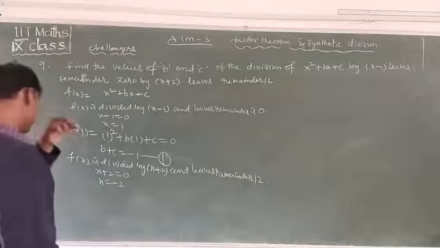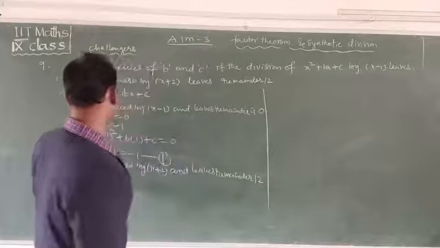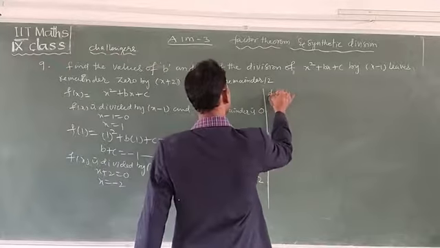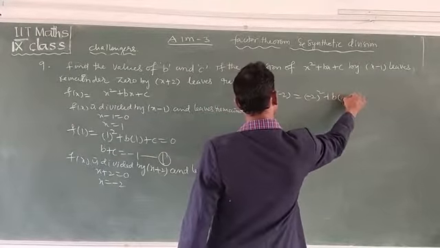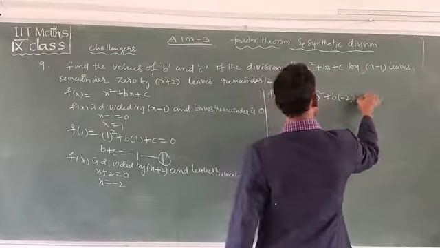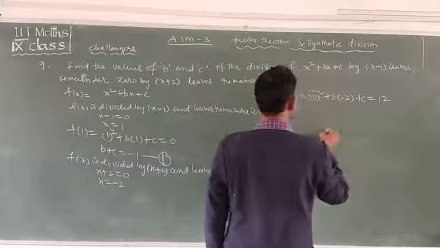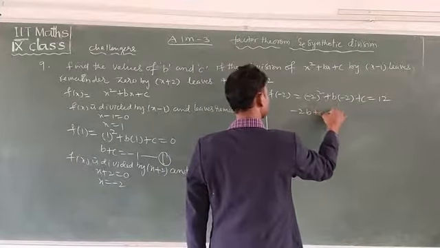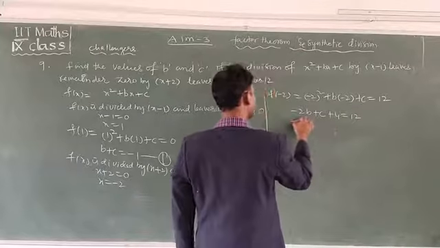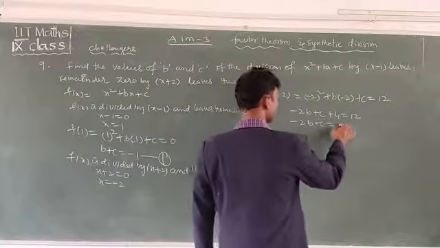Now f of minus 2 is equal to minus 2 square plus b into minus 2 plus c, and the remainder here is 12. Now minus 2b plus c, here 2 square is 4, is equal to 12. Now minus 2b plus c is equal to 12 minus 4, which is equal to 8.